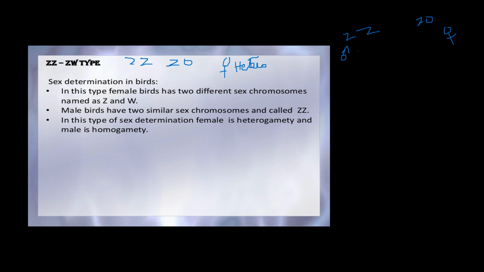So the haploid set: the male will produce the same type of sperms, that is AZ type of sperms, because they are homogametic. But here the female will produce two types of ova, AZ and AO. So if this egg is fertilized by this sperm, then it produces AAZZ, and this will be male.